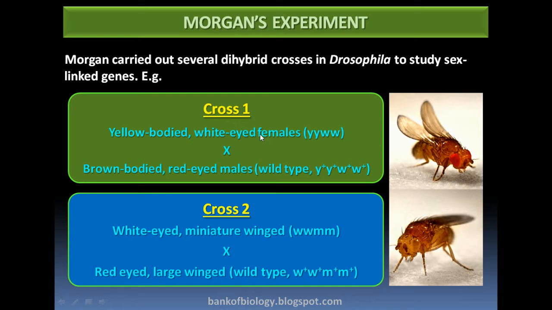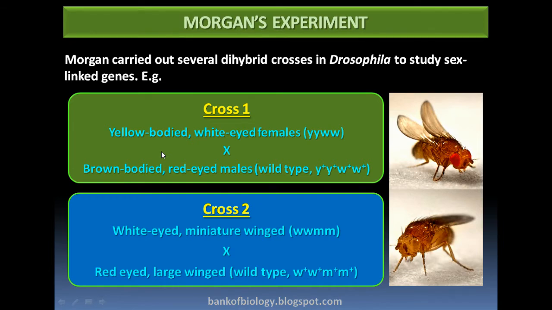Morgan carried out several dihybrid crosses in Drosophila to study sex-linked genes. Here you can see in cross 1, he took yellow-bodied, white-eyed females, which were the recessive characters. He wanted to show that the characters are sex-linked.